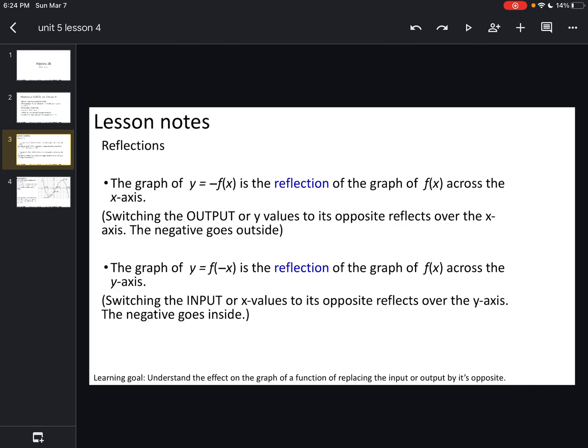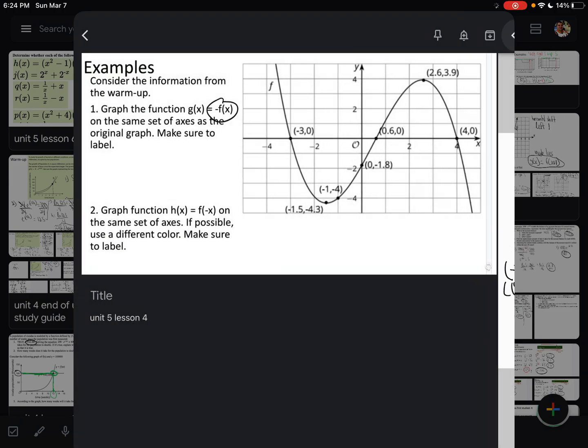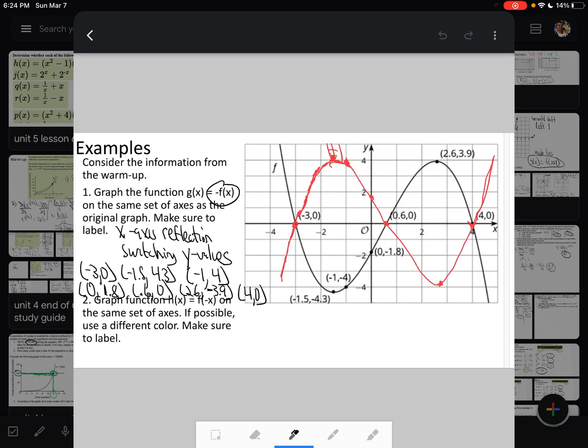So this is going to be a y-axis reflection, which means that I'm switching the x values. So now I'm going to go through all those points, and instead of switching the y values, I'm going to switch the x values instead.